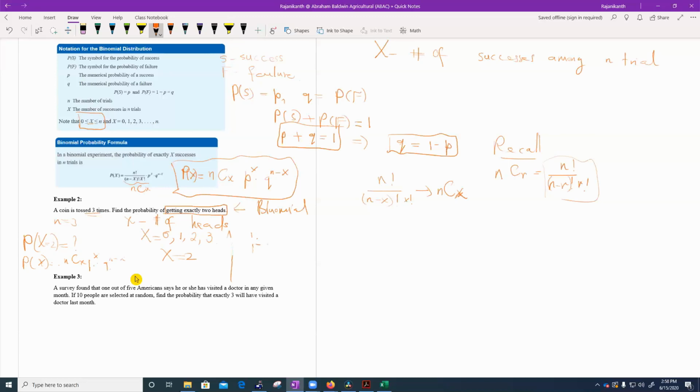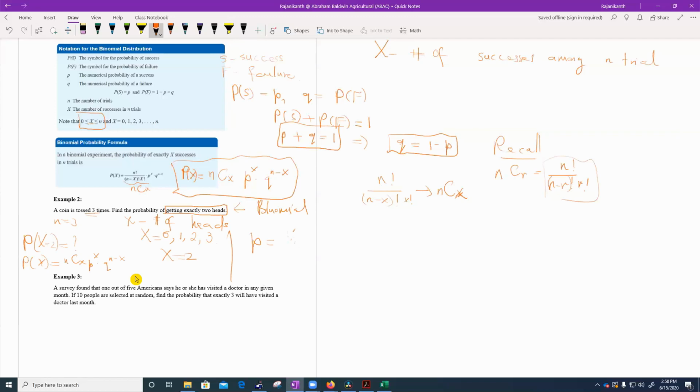Okay, what is little p here? Remember, little p is the probability of success for each trial. Remember, you are tossing 3 times. If you consider a single trial, that means you are tossing a coin. So you are looking for what? Heads. So what is the probability of getting heads when you toss a coin? Yes, half chance, right? That means you have to find this little p for only one trial.